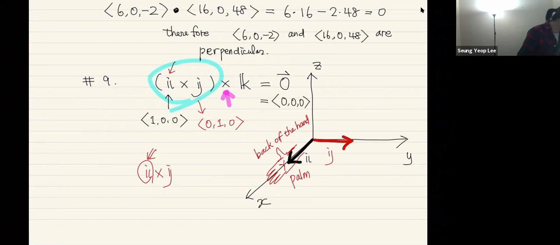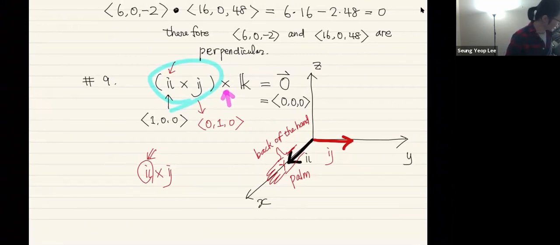Yeah, so I'm skipping something from this section. One thing that I'm skipping is this question about the triple products. I'm skipping triple products and torque.